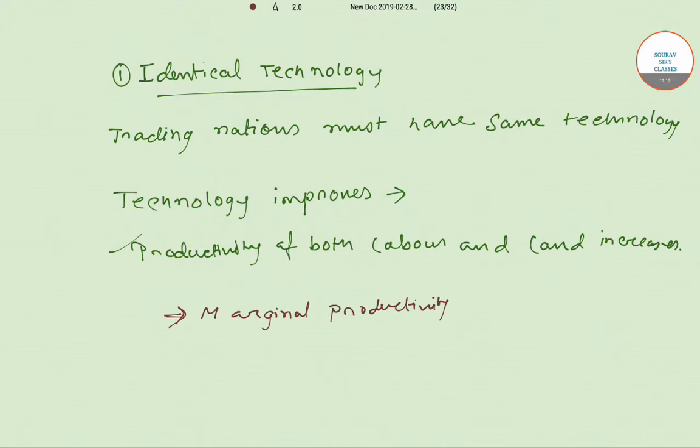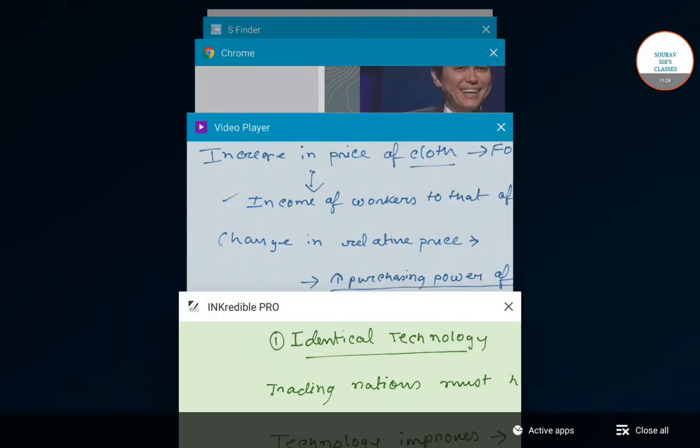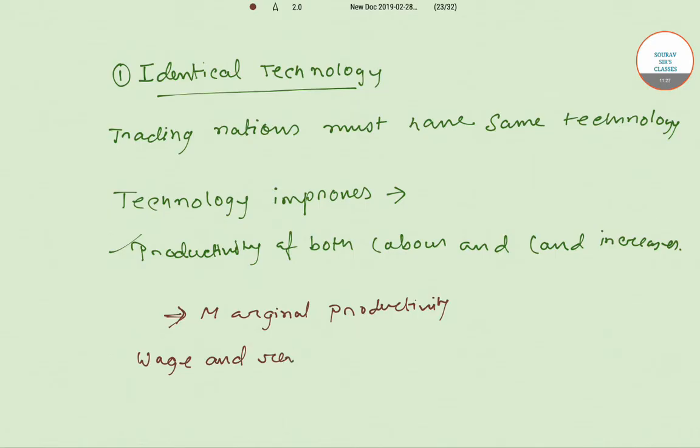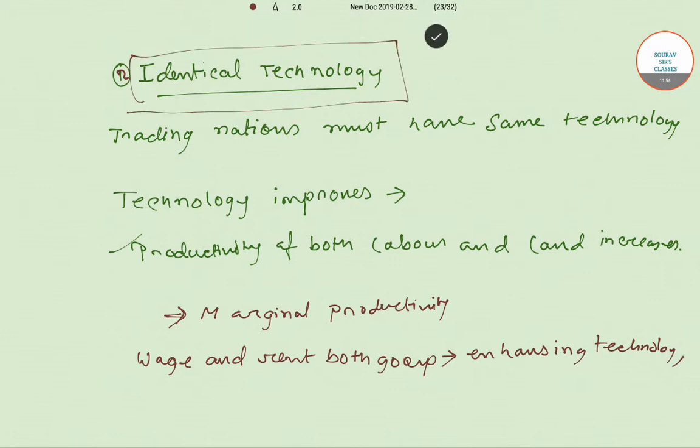So for this reason, the second assumption is that there has to be identical technology.